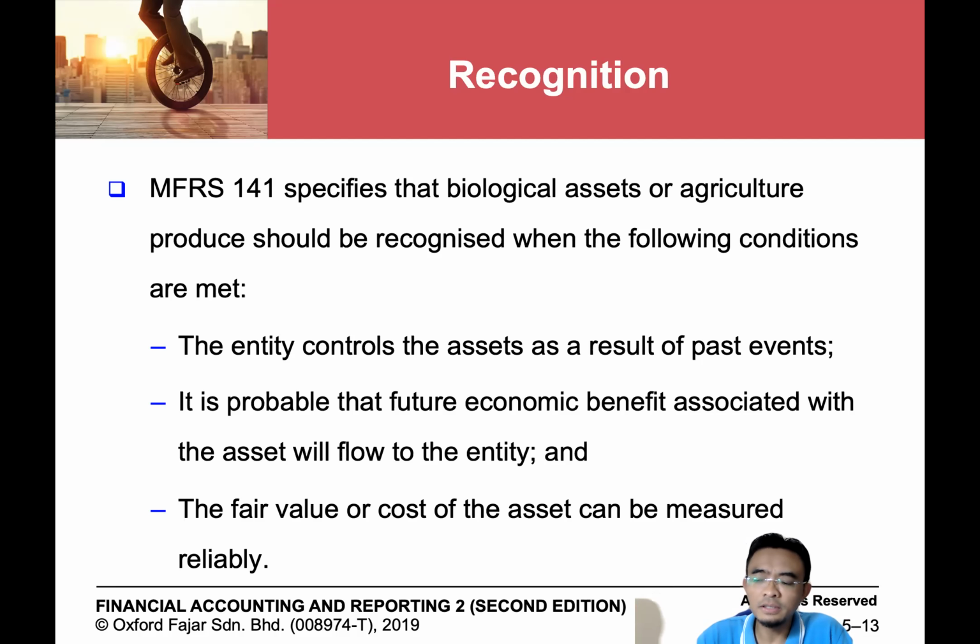If you want to consider the item is an asset, you have to be able to control the asset. So the asset should be because of a result of past event, and the asset should have the probable future economic benefits that will flow to the entity, and the fair value or the cost of the asset can be measured reliably.